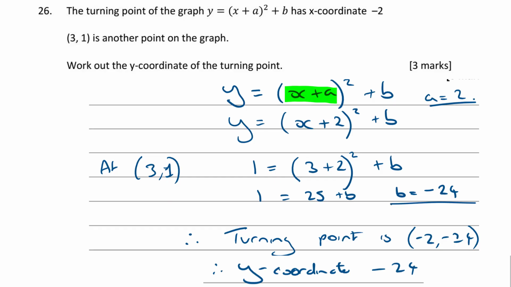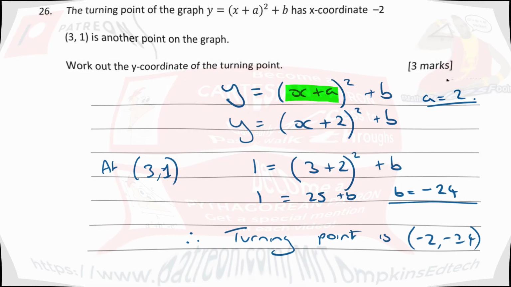Let's just write that again, minus 24. Okay, the y coordinate is minus 24 and the turning point is at (minus 2, minus 24).